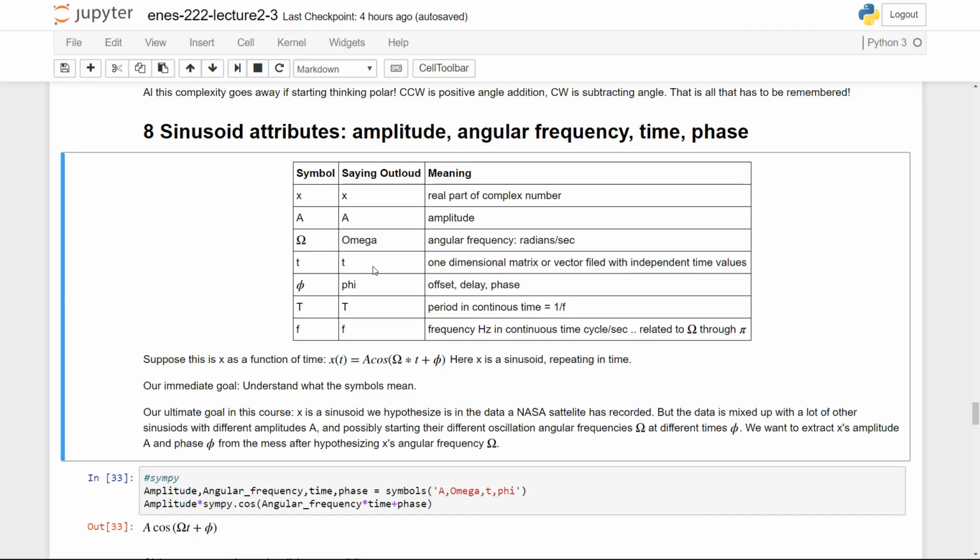T is a matrix that gives us a sequence of numbers that form a sinusoid. So T becomes the horizontal axis, and then x of t becomes the dependent or vertical axis. Phi then is an offset.